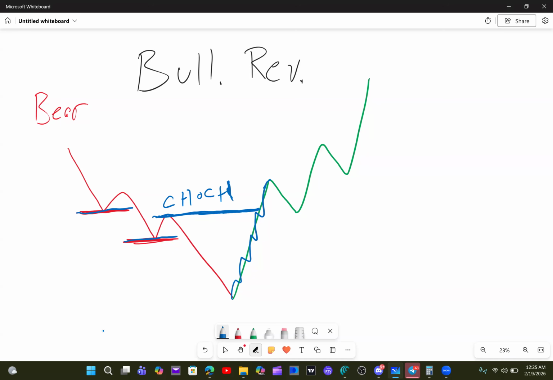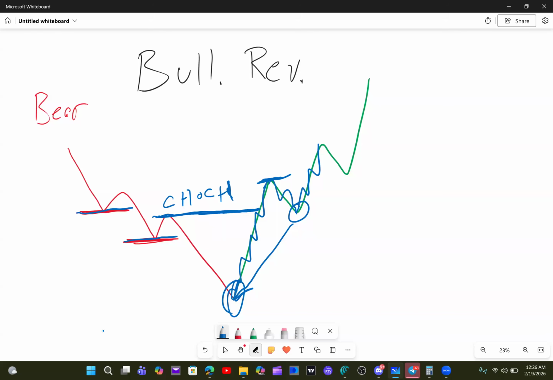However, in order for price to go bullish and this to be a legit reversal, the low here cannot break this previous low right here. If so, then the bear run continues. However, if it holds and then goes up and breaks this, it gives you a break of structure, and now you have a confirmed reversal and you can start looking for your trades.